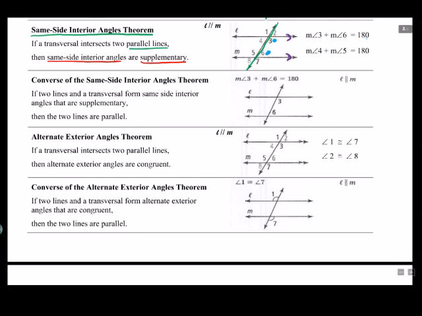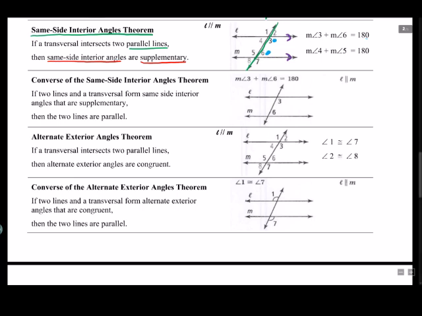So that is how this one is proven. 2 and 6 are corresponding, making them congruent. 2 and 3 are a linear pair, making them supplementary. So that is going to make 3 and 6 supplementary as well. And also the same is true for 4 and 5 because they are same side interior angles.